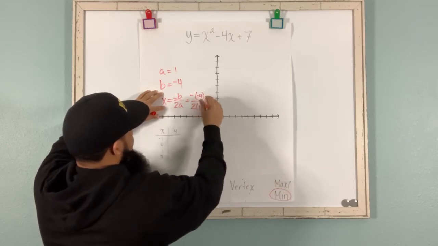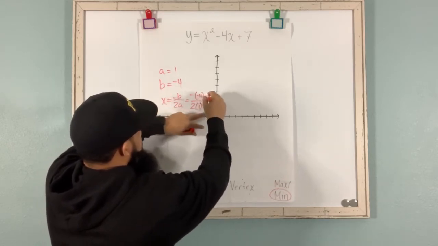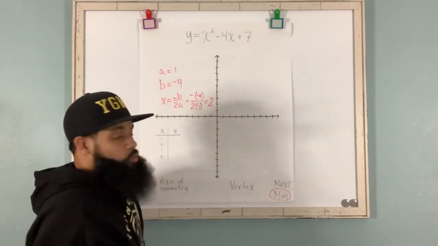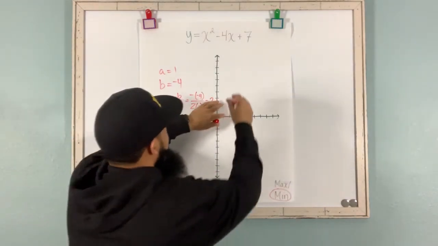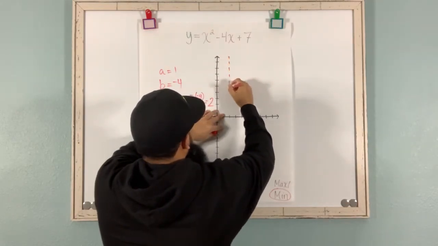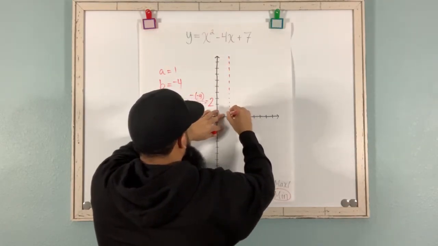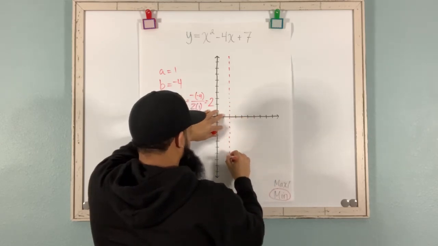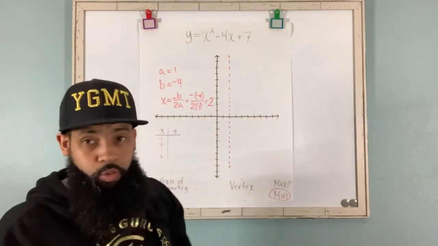So my axis of symmetry is 2, right? So x equals 2. So I know this graph is going to fold down that line, x equals 2, right?